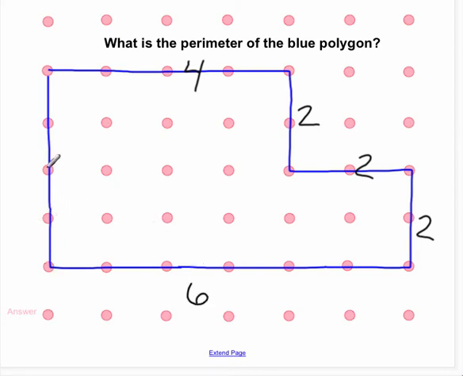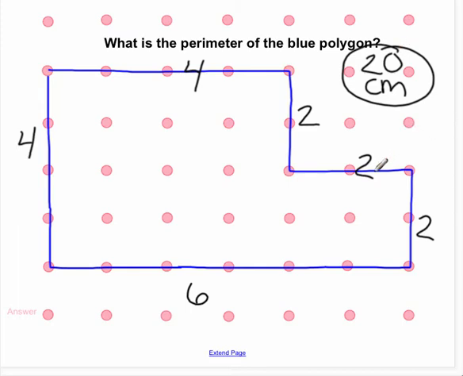Here we have 1, 2, 3, 4. To find my perimeter, I add up all the sides. 4 plus 2 is 6, plus 2 more is 8, plus 2 more is 10, plus 6 more is 16, and then plus those last 4 gives me 20. So the perimeter of this shape would be 20 centimeters if we are measuring in centimeters.